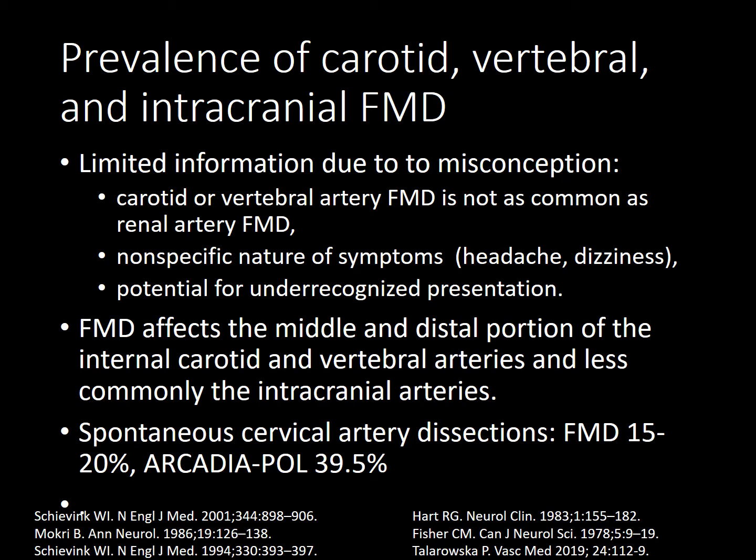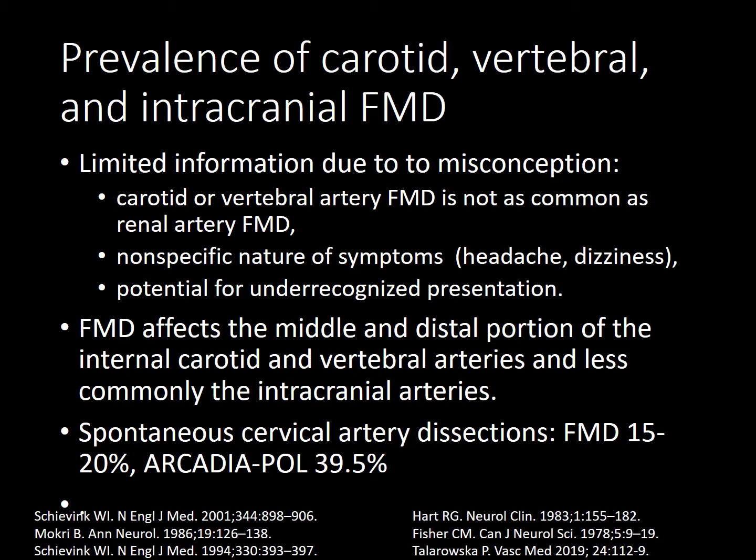For the prevalence of carotid, vertebral, and intracranial FMD, we have limited information due to the misconception that they are not as common as renal FMD, and also due to the non-specific nature of symptoms like headache and dizziness, and therefore there is a potential for under-recognized presentation.